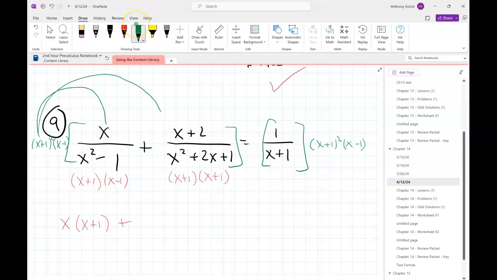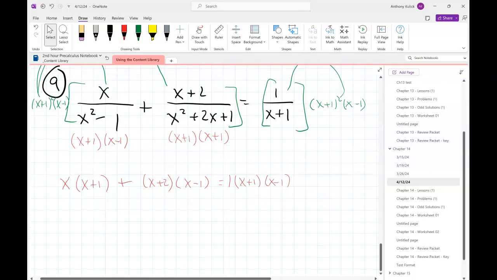When I multiply it to the next fraction, I have the x plus 2 from the numerator, and the only thing left then is the x minus 1s because the x plus 1s cancel. When I multiply here, I get (x plus 1)(x minus 1). Well, I still have the 1 from the numerator, but like, who cares? But just one of the x plus 1s cancel. Everybody good? Now I'm going to multiply everything out.